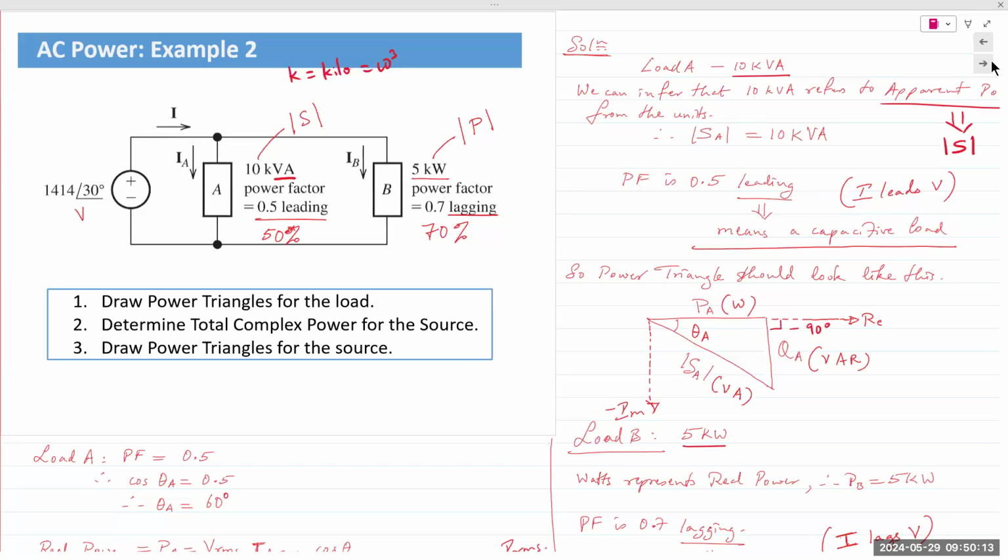It simply tells you that it has a power associated as 10 kVA, 10,000 volt ampere. And so it is up to us as engineers to deduce that VA indicates it's the magnitude of S. Okay, it's the magnitude of S. And then here, similarly for element B, W indicates that it is the average power P. Does that answer your question? Yeah, thank you. Okay.